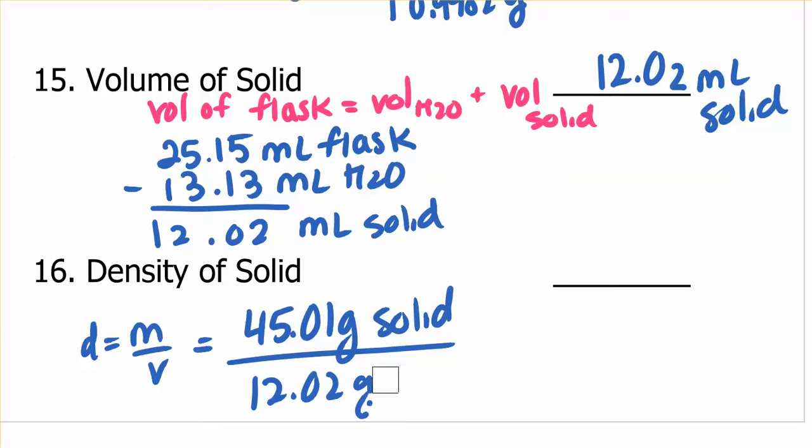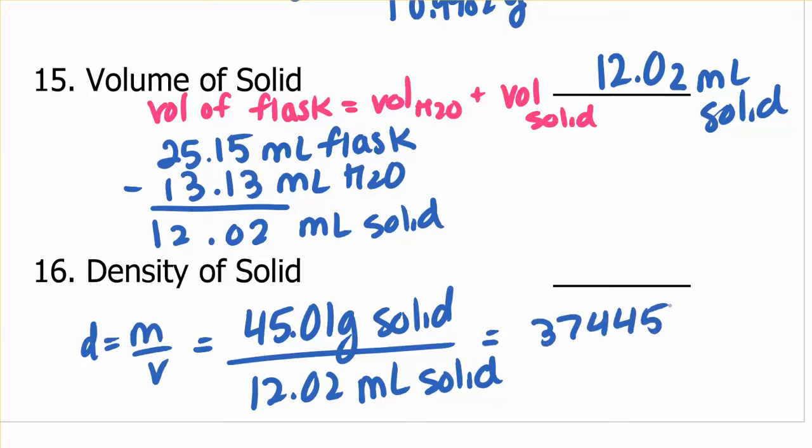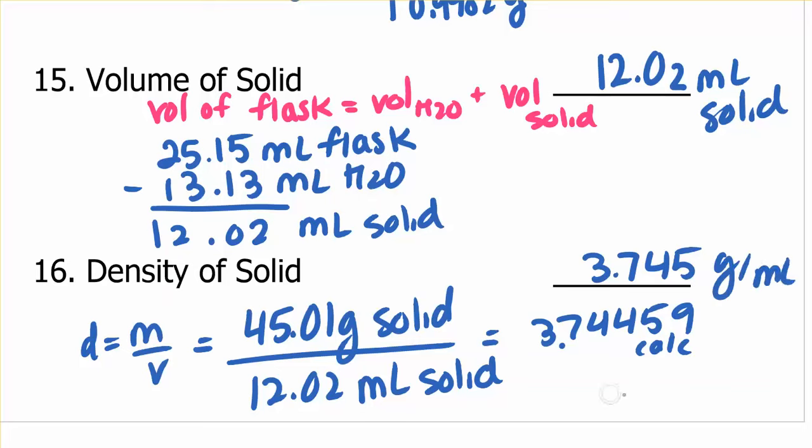Oops, grams. This is what my calculator says. I'm going to round out to 4 sig figs. My density of my solid.